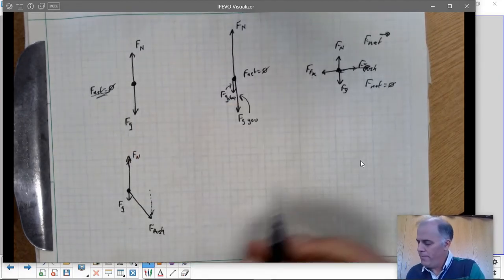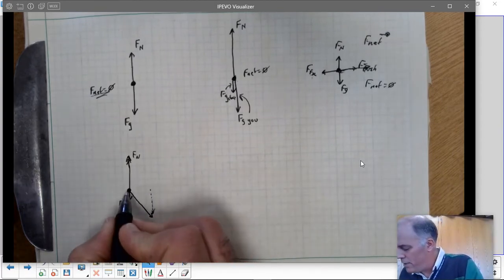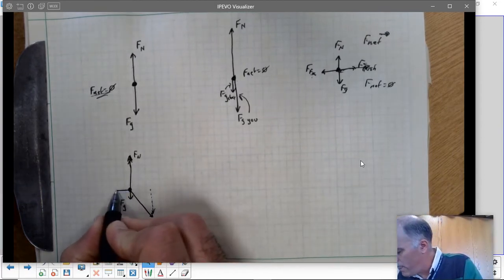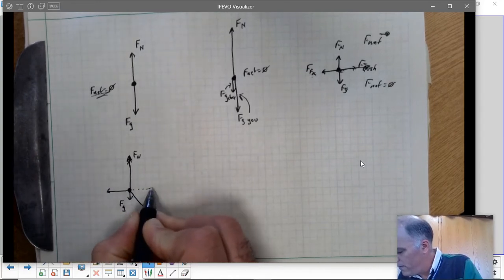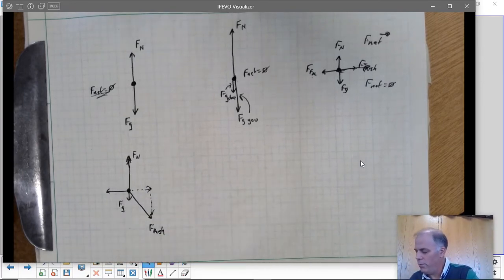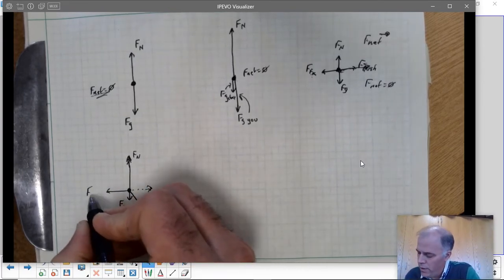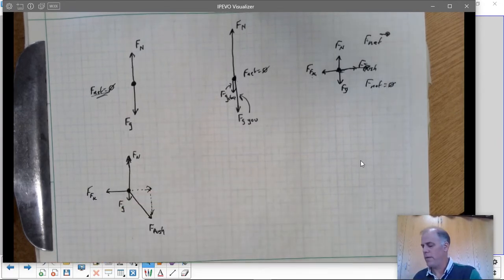And then finally, we're assuming we're pushing the broom along at constant speed, so that means there's some friction here too, and the friction is the same as the horizontal component of the push. So this is F sub Fk, kinetic friction. Okay?